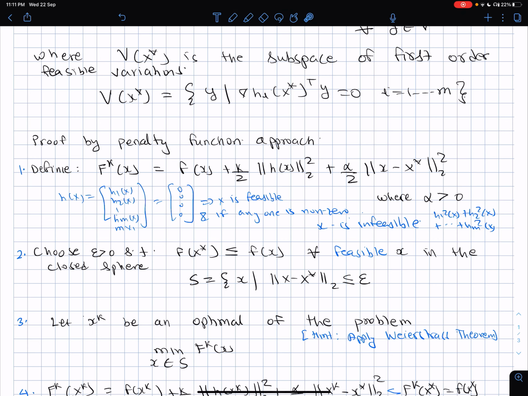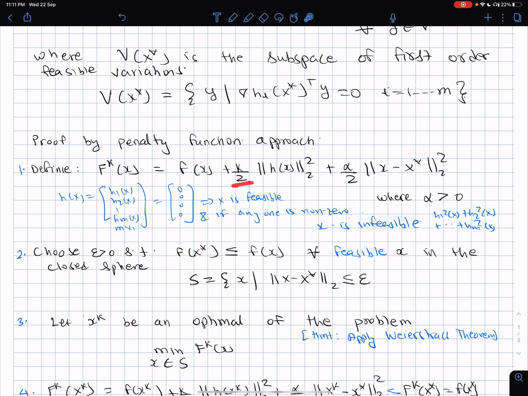This is what is shown here as the square of the length of the value of the function h of x. This is always going to be greater than 0 if there is any infeasibility. And to that I am adding a penalty of k by 2.